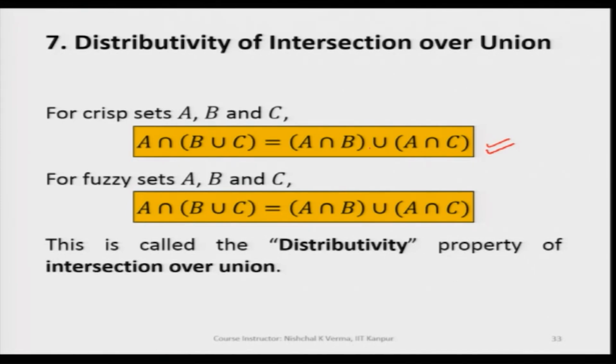and if we change this by fuzzy sets A, B, C, this distributivity property of intersection over union is here also satisfied.